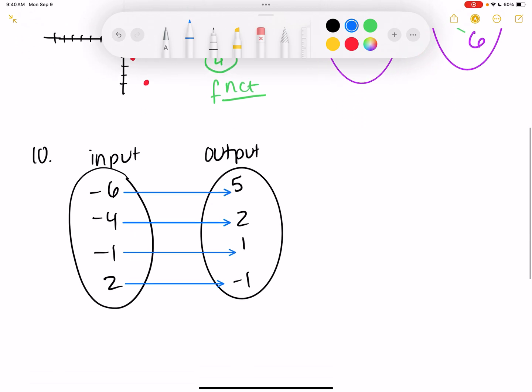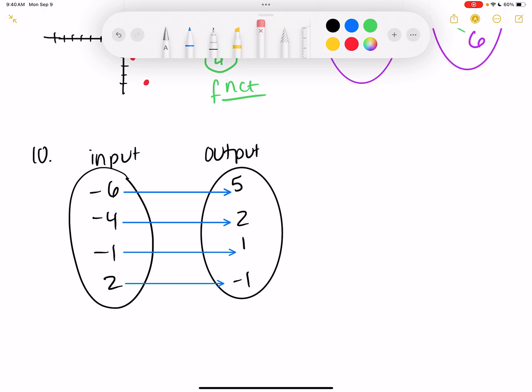Because if I wrote -4 down here again, and another -1, and I went over here, I'm going to be tempted, just disregard that arrow, to say that this is a function. When it's really not, because something was repeated. That's why we only write it once.